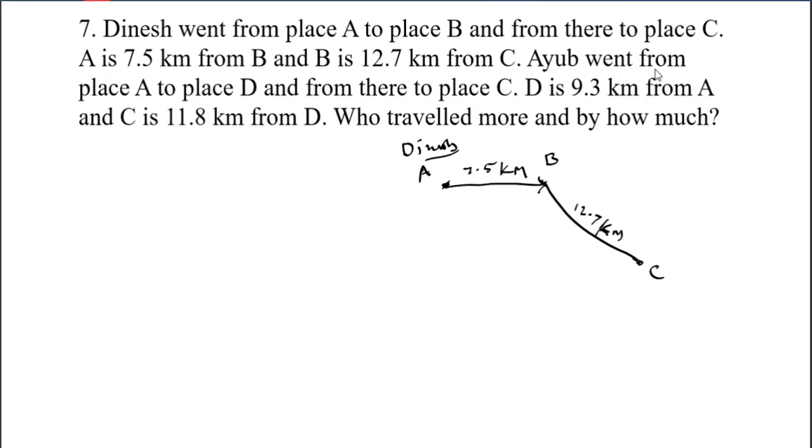Ayub went from A to place D. Here A to place D. Say D. Let me write, this is D.